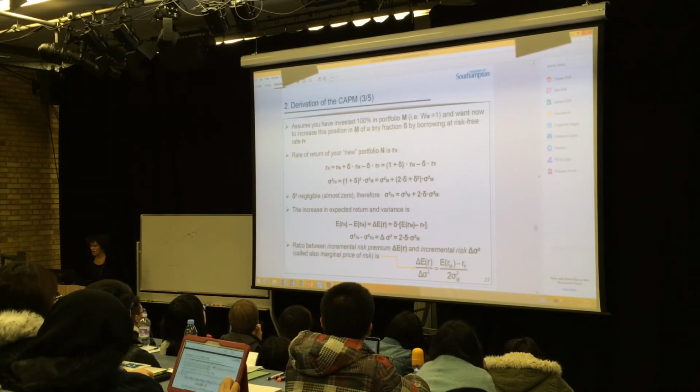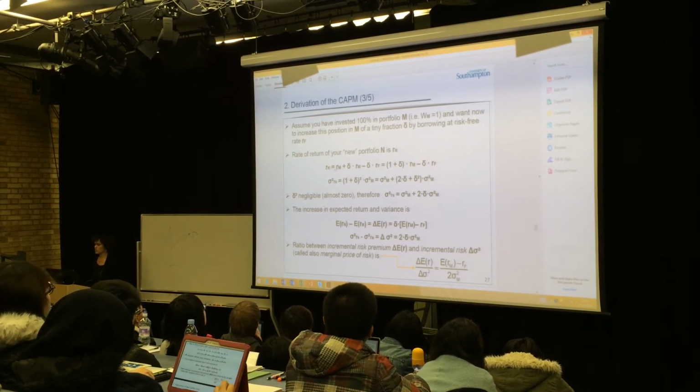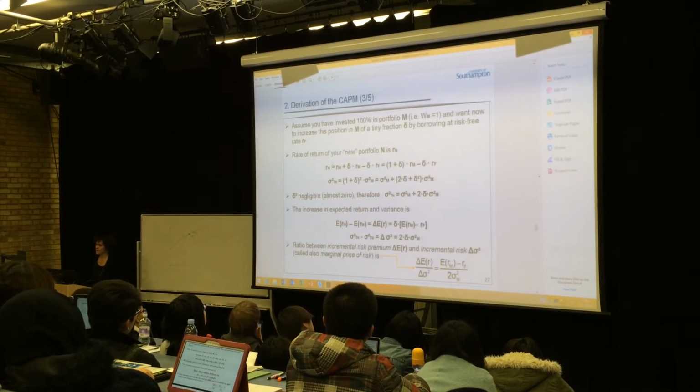If I want to know the rate of return of the new portfolio N, I just calculate it: the return of my portfolio N is equal to RM, the return of the market portfolio, plus the additional return I get from investing a tiny component in M, minus the money that I borrow.